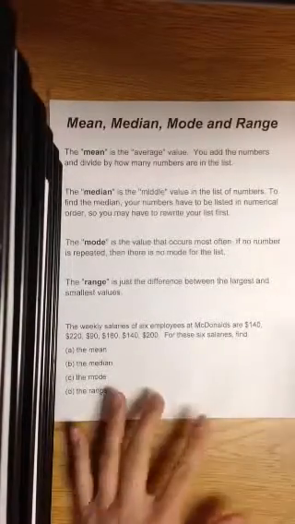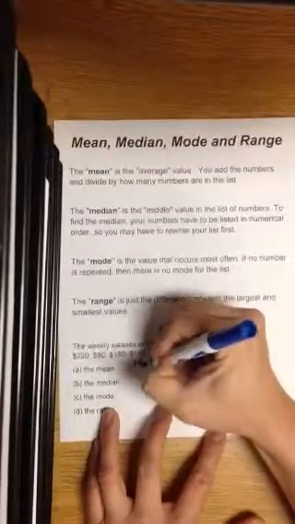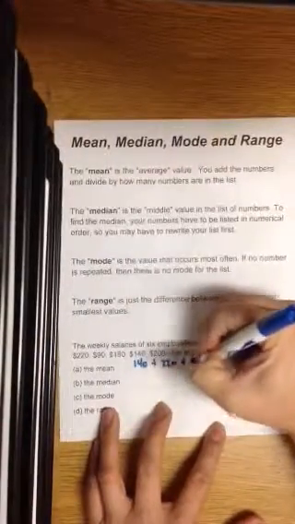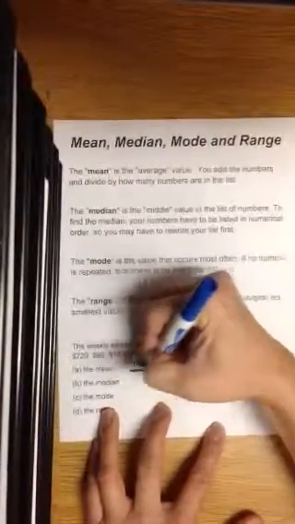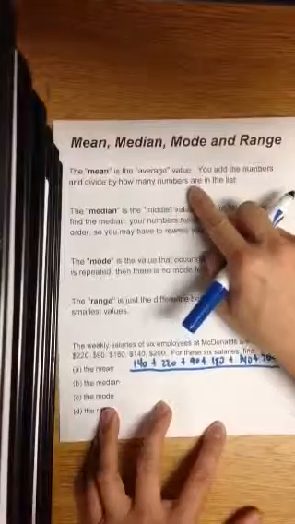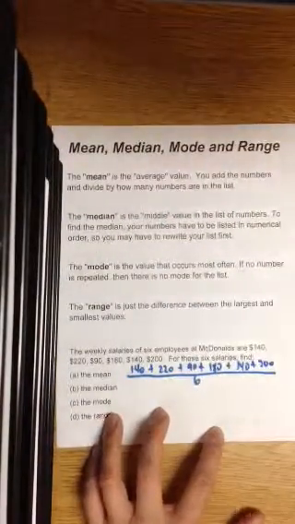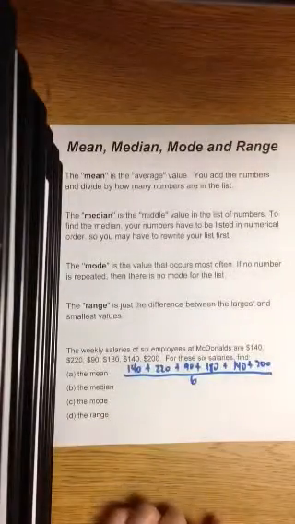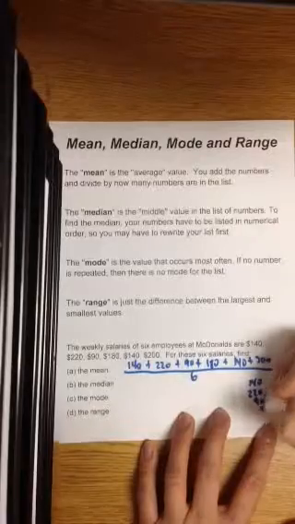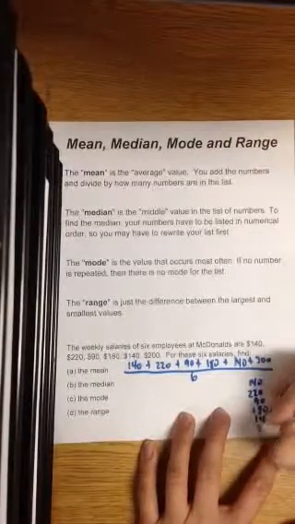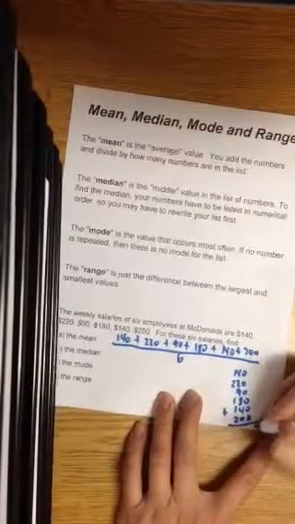So in mean, you have to add the numbers. So let's do 140 plus 220 plus 90 plus 180 plus 140 plus 200. What are you dividing by? How many numbers there are on the list. There are 6 employees. So you're going to add up those 6 numbers and divide by 6. So the ones column is 0.